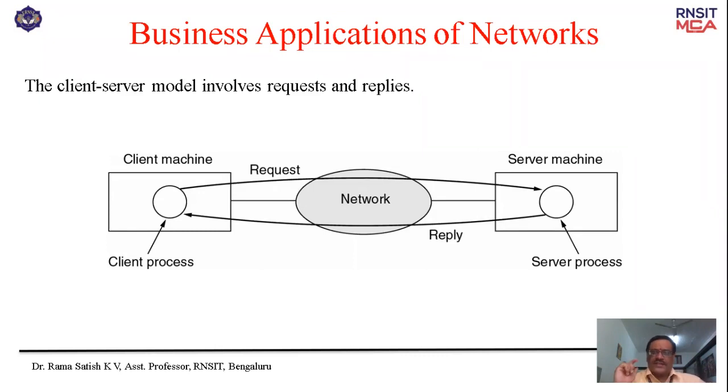It reaches the server, the server responds. This response, in some textbooks is called response, in some textbooks it is called reply. And of course, in the client server model, the server also runs a process and the client also runs a process.